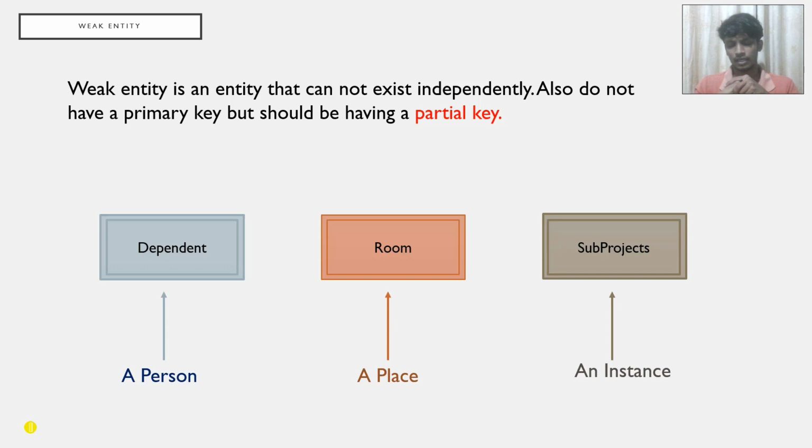If you are familiar with the hierarchical model we discussed, maybe in DBMS, a hierarchical model has a parent and child relationship. The child won't exist without the parent, and the parent is the strong aspect, which can exist independently.